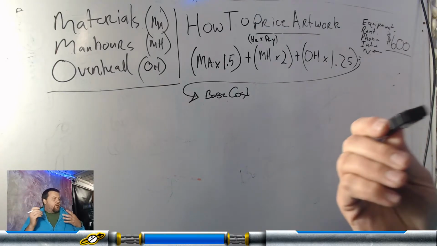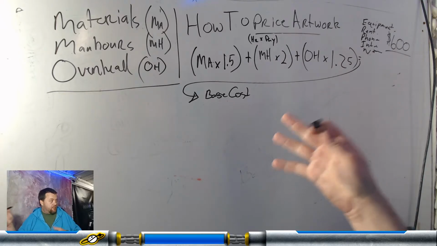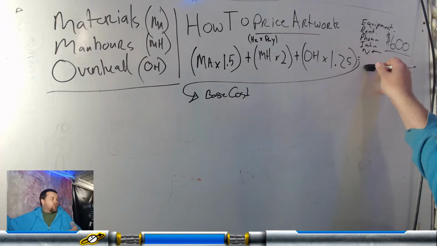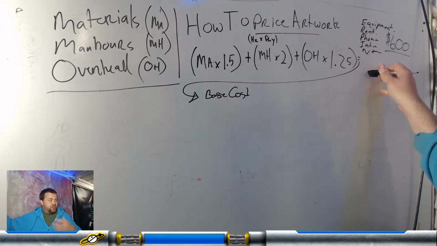Now, if you want to figure that out per day and then per hour, that's pretty simple as well. On average, even if you work full time, it's about 20 days out of the month, 20 to 22, because you have 2 days off per week, 4 weeks, that's 8 days, 20 to 22.